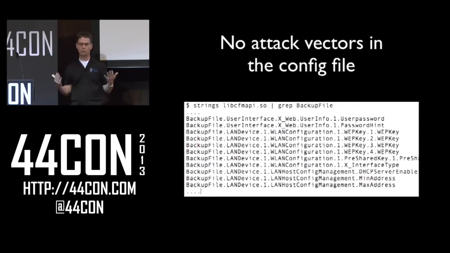And basically, what I found is that there weren't any XML elements in the configuration file that weren't also in the library and vice versa. So the API isn't looking for elements that it didn't find in the configuration file. There also weren't any things in the configuration file that weren't already exposed in the GUI. So sadly, we have a pretty good representation in the GUI of what we have in the configuration file, which means that there's not a lot we can diddle with there.